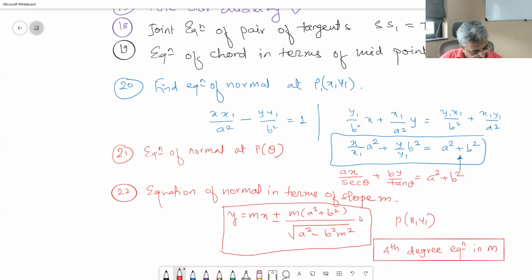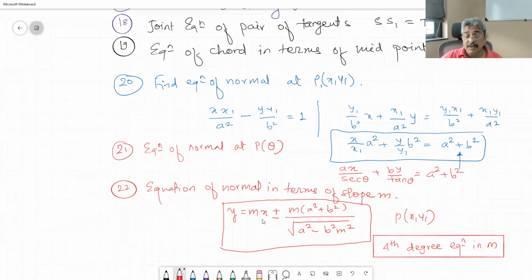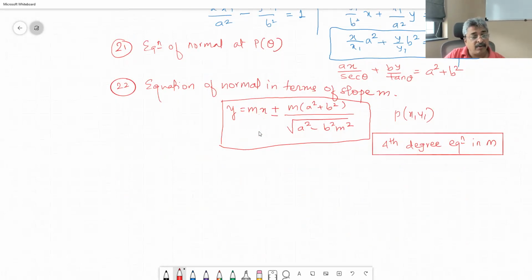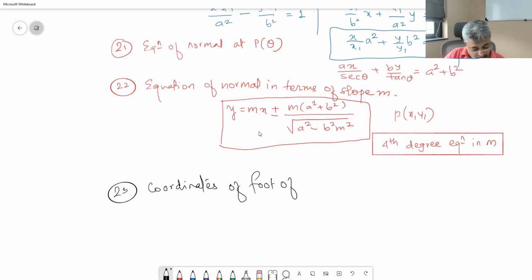So maybe the foot of normal from x1, y1, verify whether coordinates of foot of normal is given by CA square, negative sign, CA square upon m into a square plus b square, comma CB square upon a square plus b square.